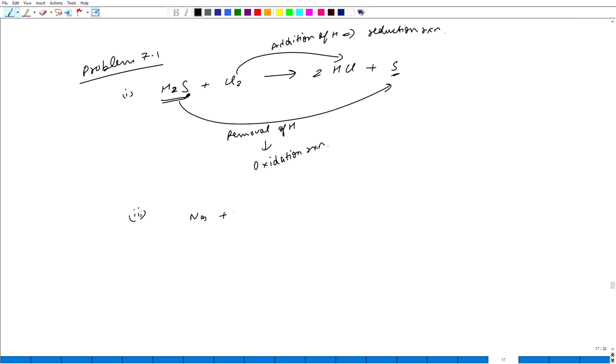There is another example. Let us say species number 1, sodium. What is happening to sodium? Addition of hydrogen, that is reduction.